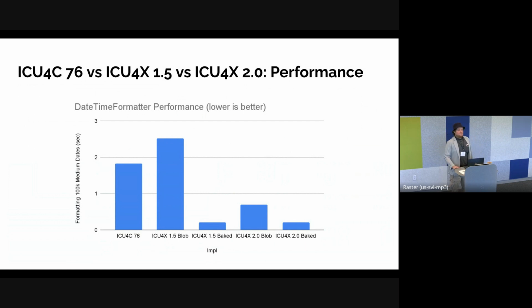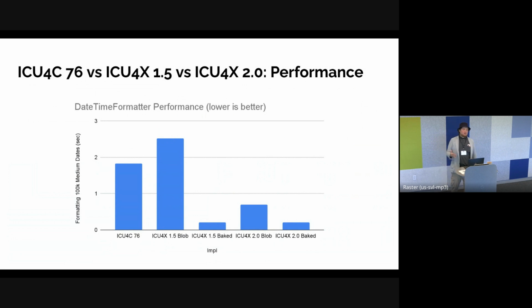ICU4C 76 has a performance there, and then ICU4X are all the rest of the columns. Let me talk a little bit about what these different columns are. The ones that say blob: there are two fundamental ways that we allow ICU4X to access locale data. One is via dynamic data loading, where you have a data blob that you load at runtime and then use in your app.